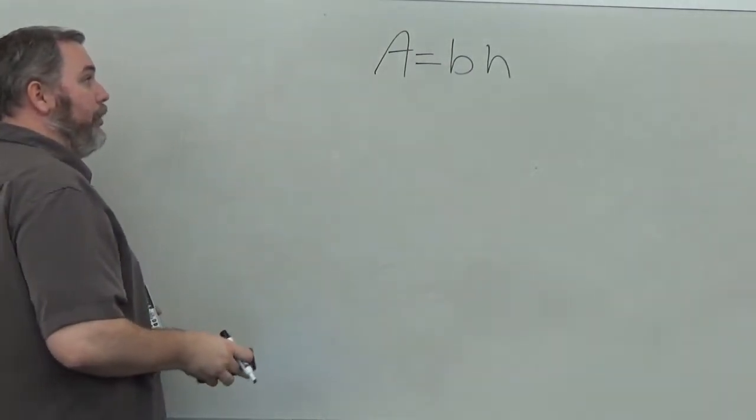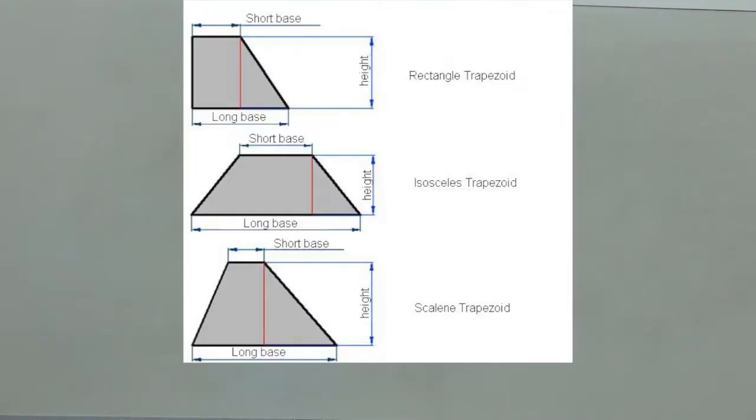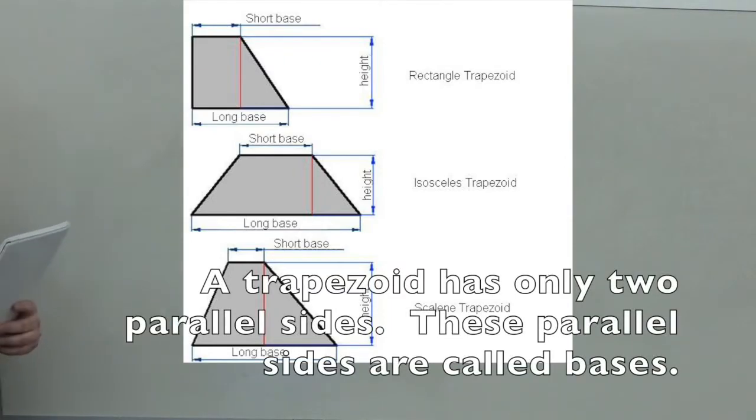We just simply multiply. However, the next type of quadrilateral that I really want to spend more time on is what's called a trapezoid. A trapezoid comes in different types of shapes, as you can see up on the board. But the one thing they all have in common is this: a trapezoid has only 2 parallel sides.